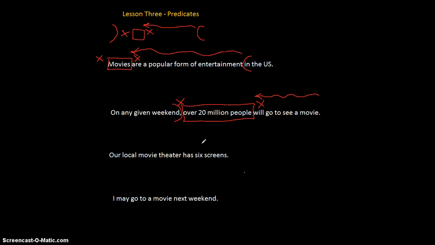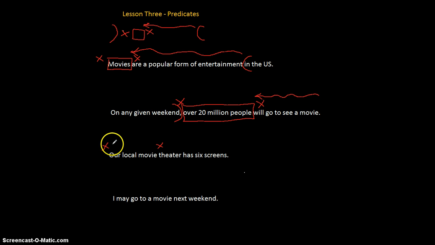The yes-no question using has sounds like British English. Actually, has is not the X word. The X word is does. Does our local movie theater have 6 screens? Negative, our local movie theater does not have 6 screens.